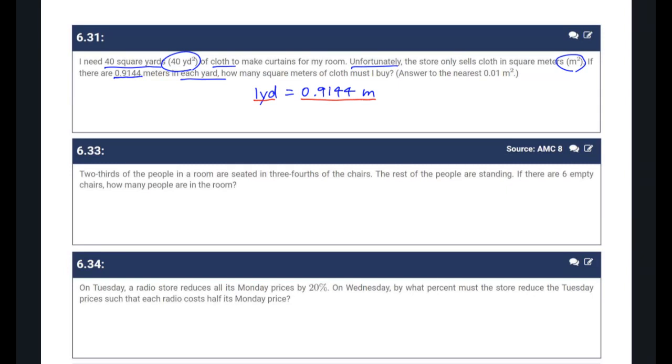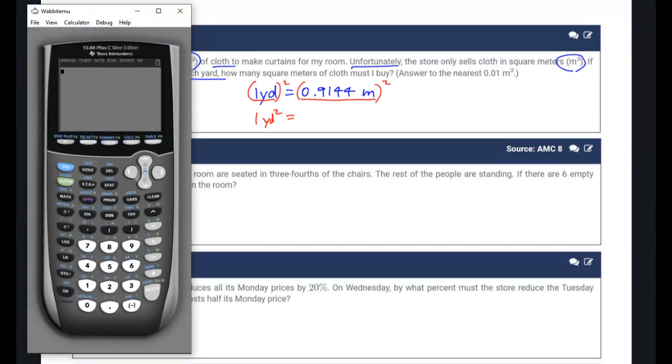Now, how do we convert that into an area ratio? Simply square it, and square the right side too. That's going to give you 1 square, because 1 squared is still 1, right? 1 square yard equals, if you do the calculation, let's try this. 0.9144.